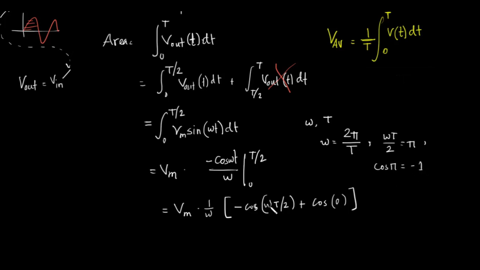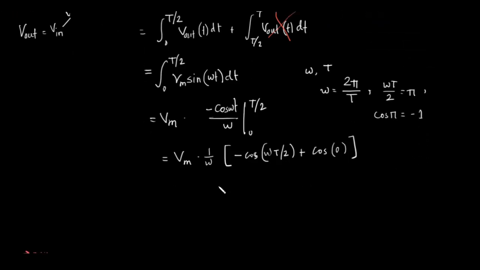If you put this value, this will be equal to Vm times 1 by omega. Cos omega T by 2 is minus 1, minus of minus 1 is plus 1, and cos 0 is 1, so this will be 2. Now we can put the value of omega. Putting the value, we get Vm times 1 by 2 pi over T times 2.